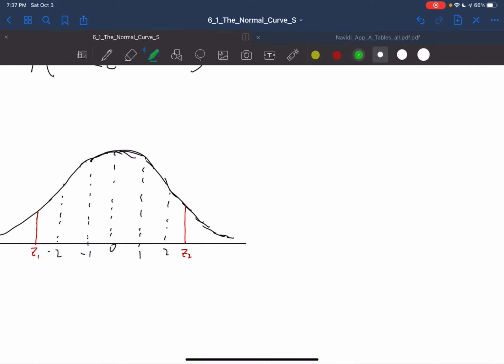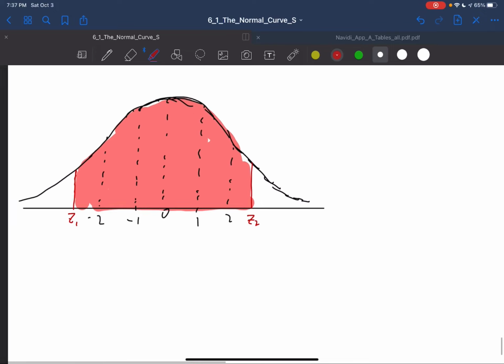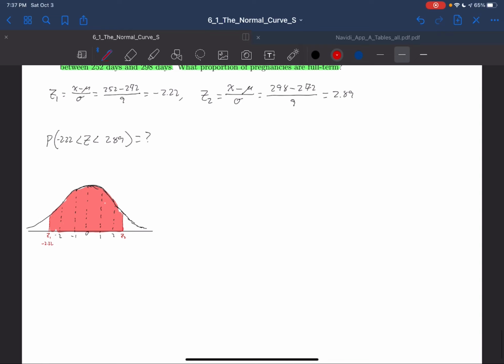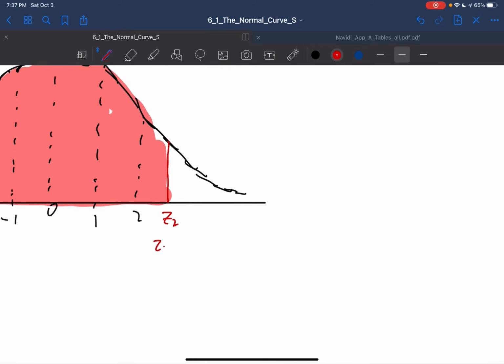Our goal is to find the area between these two values.